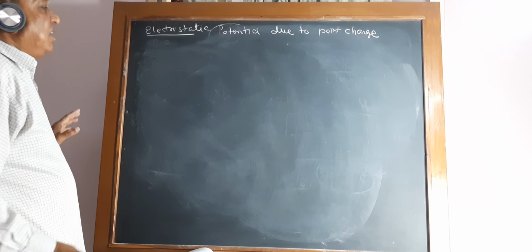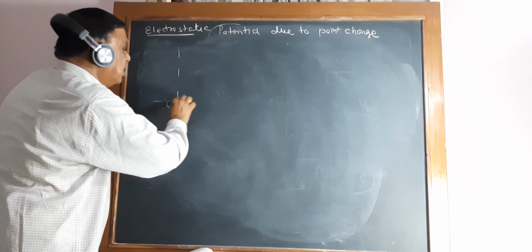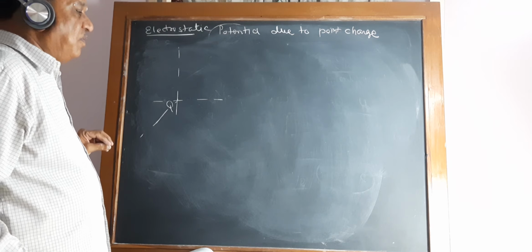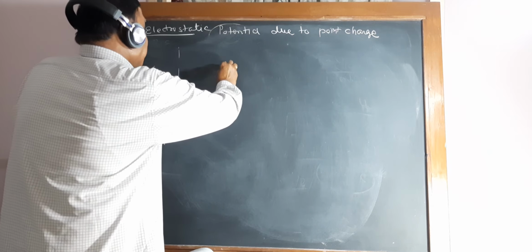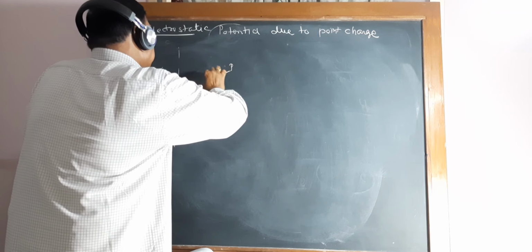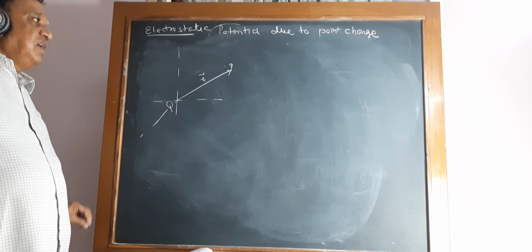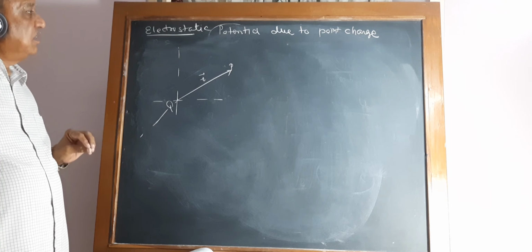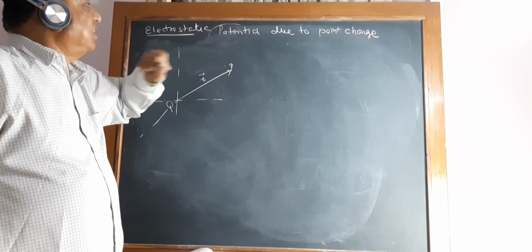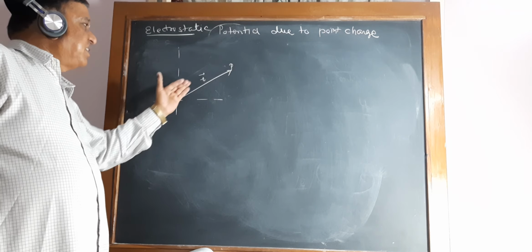Suppose we have taken charge Q at origin O. And we have to determine the potential at point P with position vector R, or distance is R. Again, we are discussing for single point charge electrostatic potential due to a point charge Q at point P with position vector R.